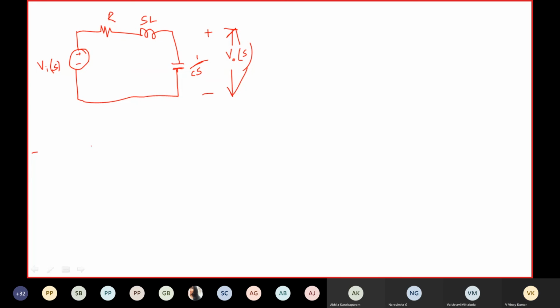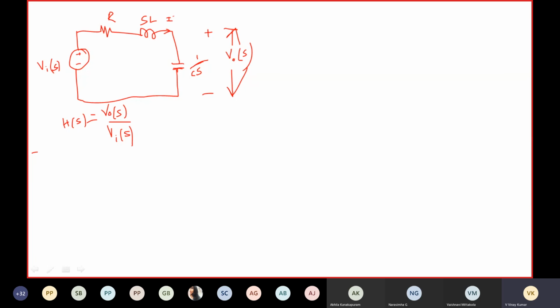Let us find the transfer function. H of s is equal to V naught of s by V I of s. Let I of s be the current flowing into this.